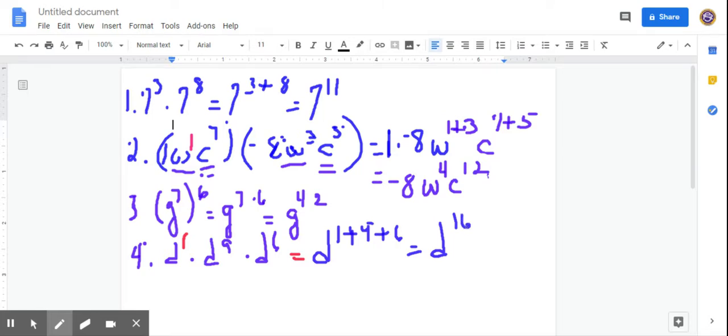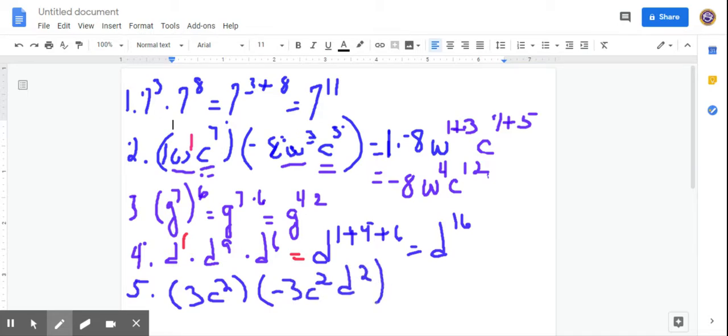Number 5 is very similar to number 2. So you have 3 C squared times the quantity of negative 3 C squared D squared. Okay?